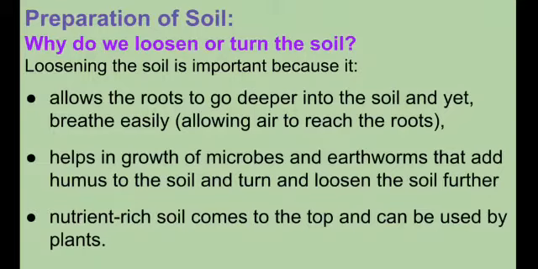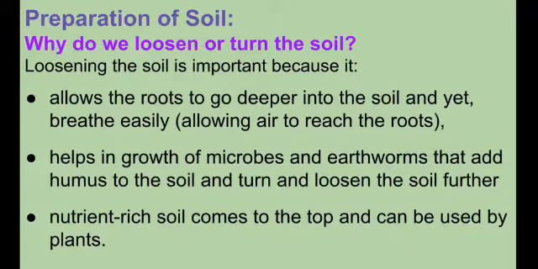Why do we need to loosen or turn the soil, which is called plowing or tilling? Okay, let us discuss. Loosening the soil is important because it allows the roots to go deeper into the soil and breathe easily. If we plow the soil, if we till the soil, what happens?